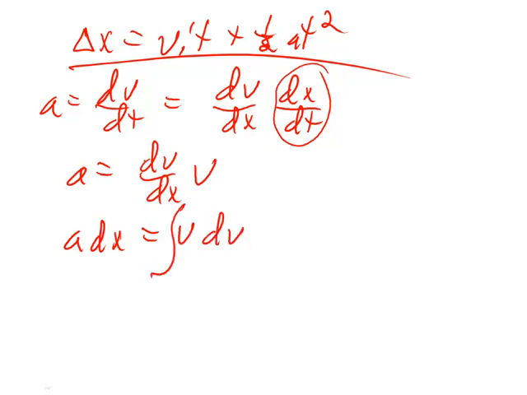Let's integrate both sides. And this is going to be with respect to x. And this is going to be with respect to velocity. Whoop, the initial. And then we integrate, y'all. And we wind up with what?